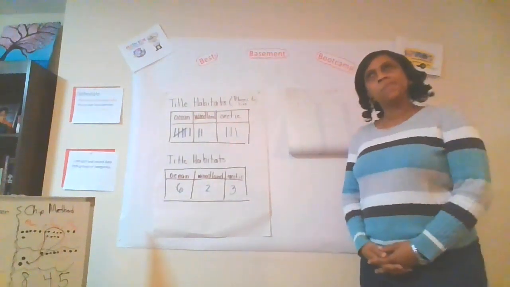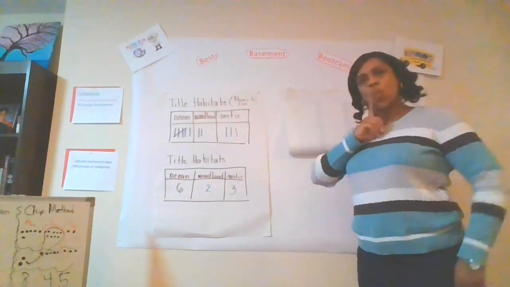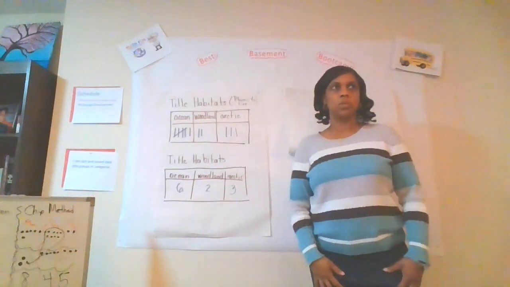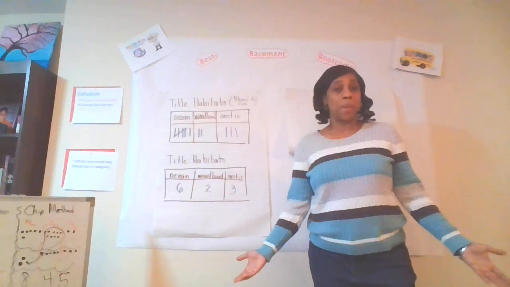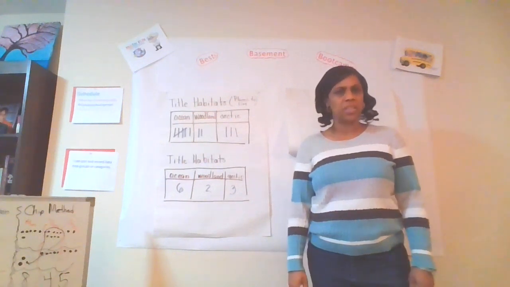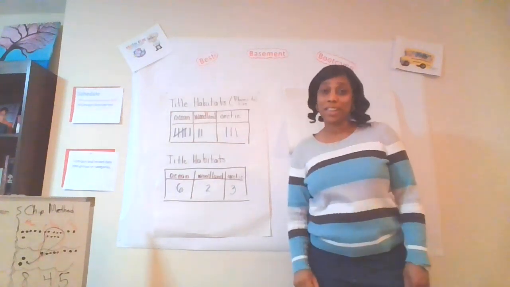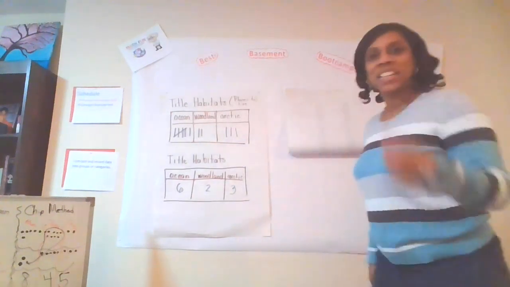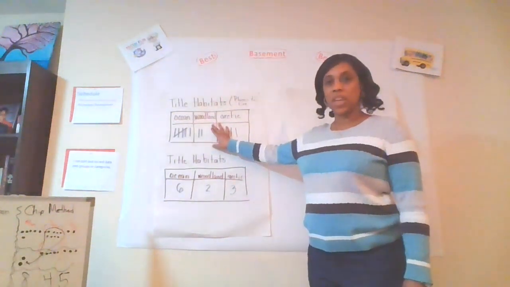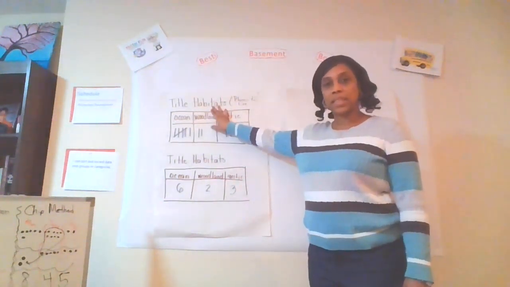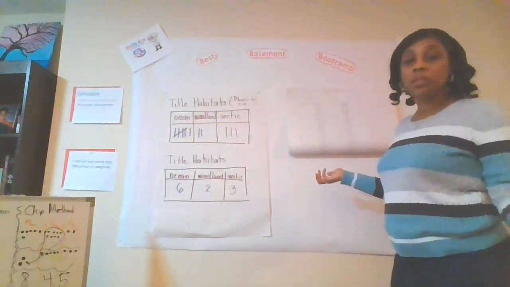If I'm talking about a pictograph to represent data, what do you think I use to show the amount that I have in a graph situation? If you said pictures, you are definitely right. So let's get started. We're going to use the same information that we had yesterday from our habitat lesson, and we're going to make a pictograph or a picture graph.